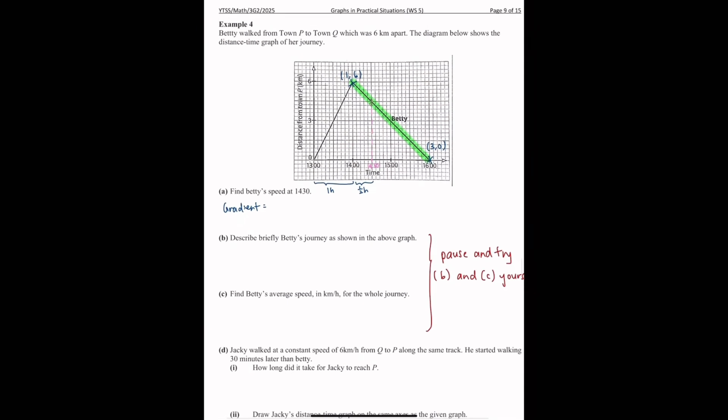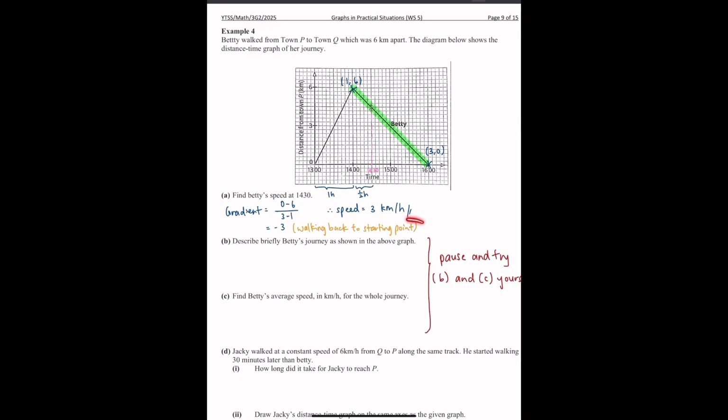For part A, the gradient will be 0 minus 6 over 3 minus 1, and you'll get negative 3. So you can write hence speed is 3 kilometers per hour. I repeat again, negative is because Betty is walking back to the starting point. As I've written here, negative value for gradient because she's walking back to the starting point.